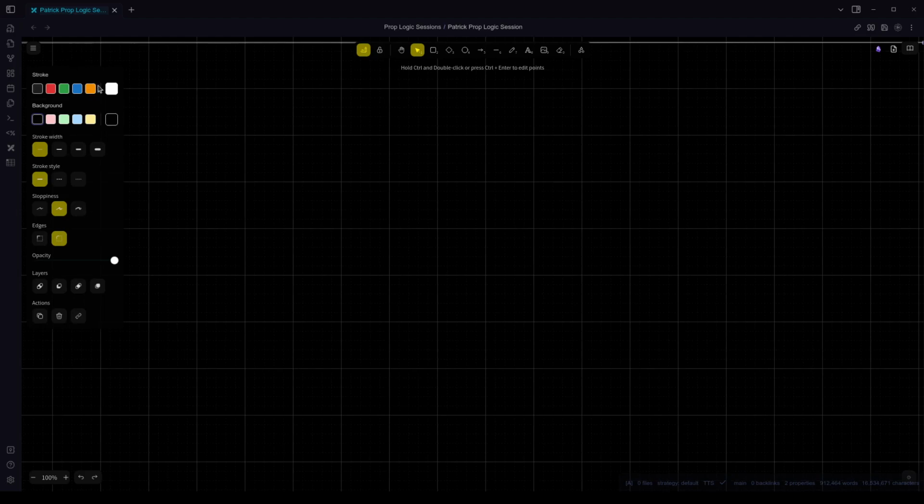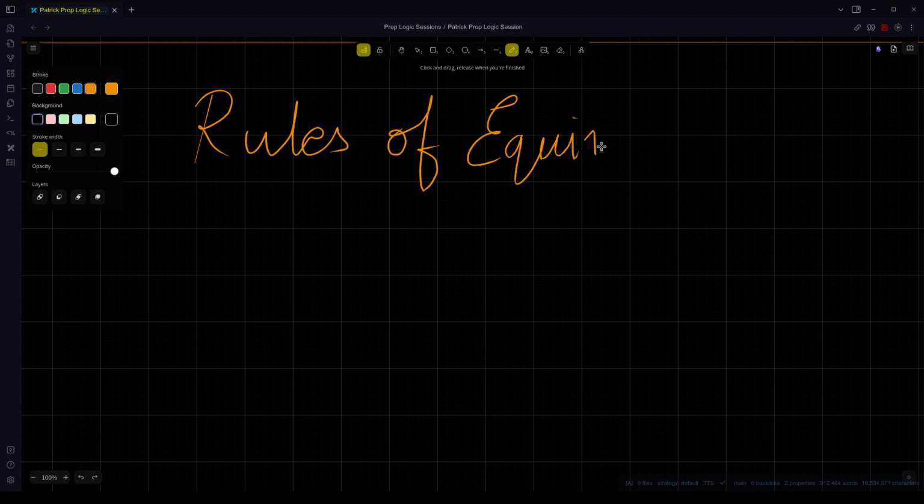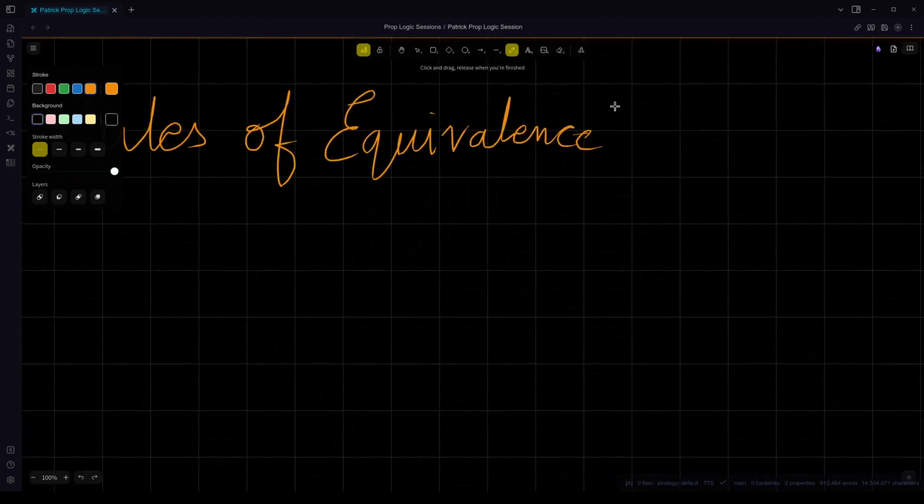Okay. So then let's move to rules of equivalence. Rules of equivalence are rules of propositional logic. They're also called rules of replacement.